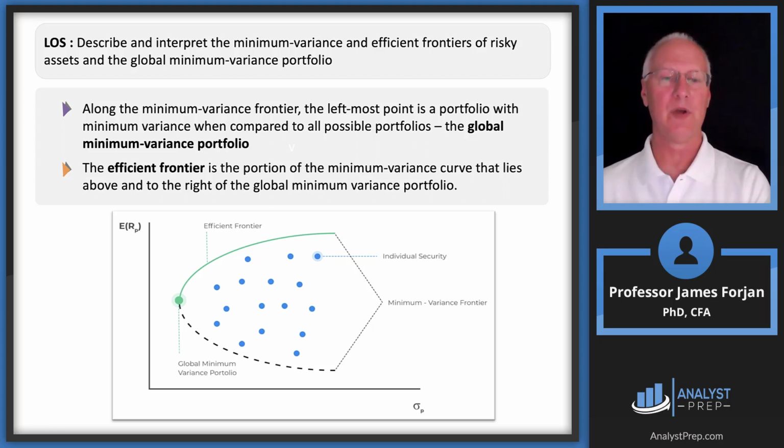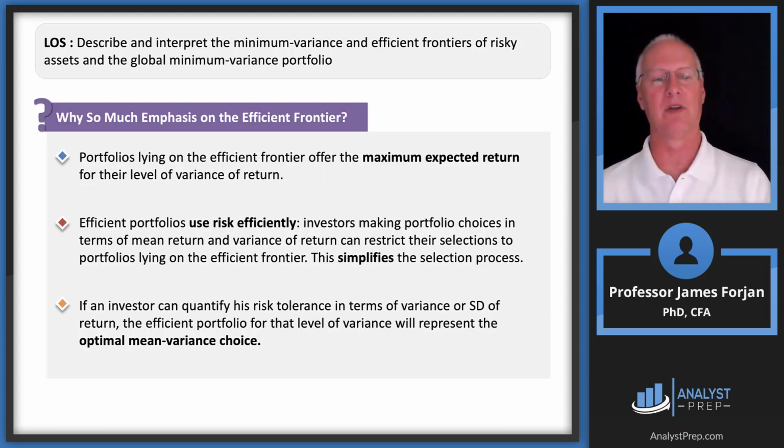But what we're trying to do here is find the appropriate portfolio for each of our clients. Every one of our clients is going to lie somewhere on that efficient frontier because they want the most return for each given level of risk, which is probably dependent on things like standard deviation and risk tolerance.